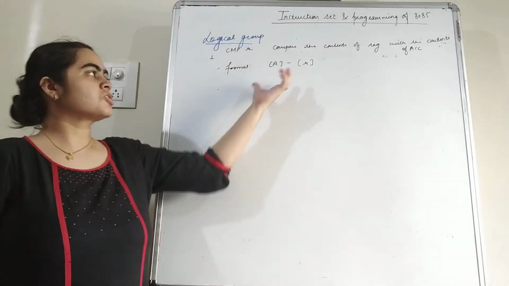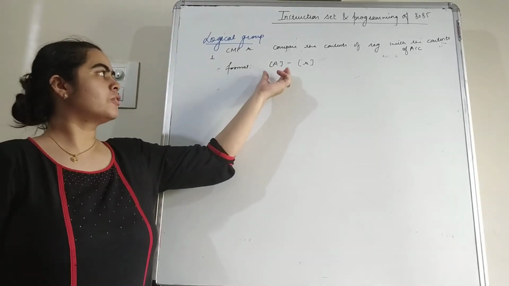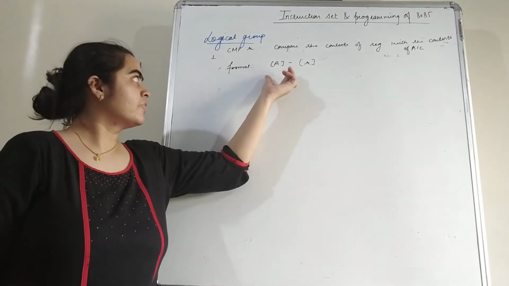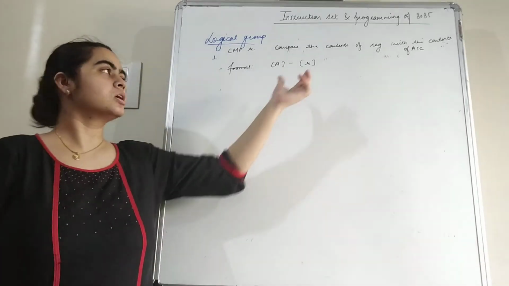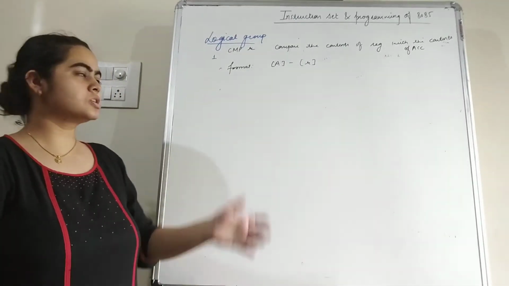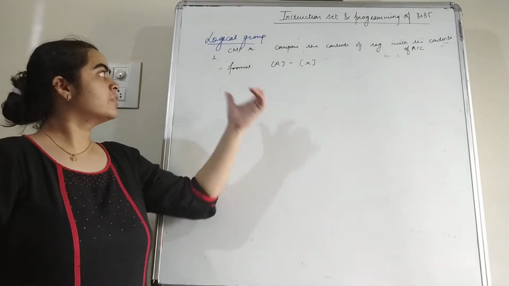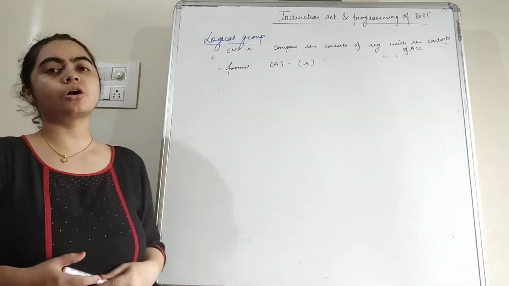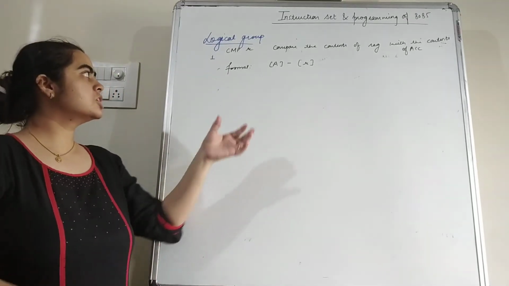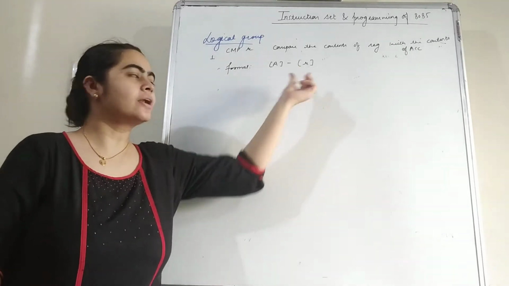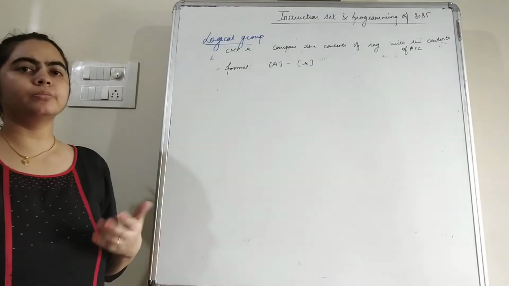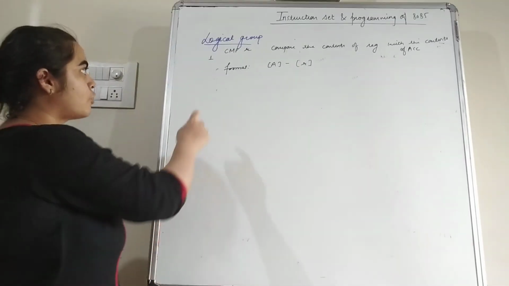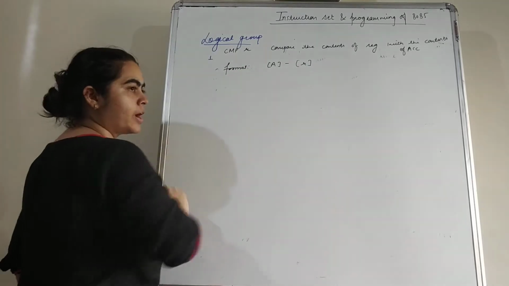This instruction will generate a carry when the value of the accumulator is smaller than the value of R. That means when the value of the accumulator is smaller than the value of the register, it will generate the carry, and when the value of the accumulator is greater than the value of the register, it will not generate any carry. And the third condition is when the value of the accumulator and the value of the register are equal, then it will set the 0 flag equal to 1. So the format of this instruction is accumulator minus R.